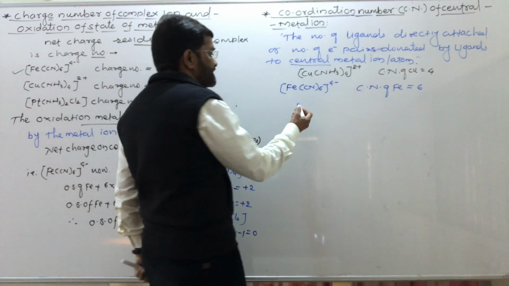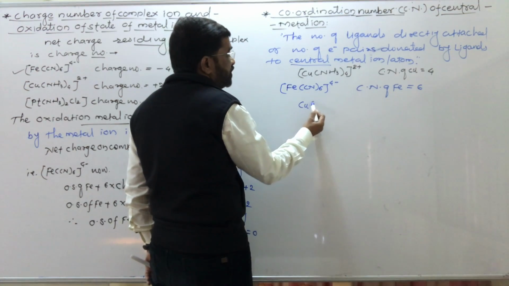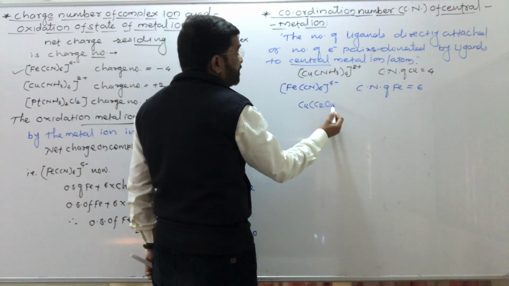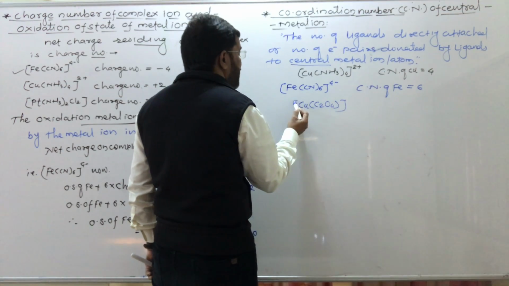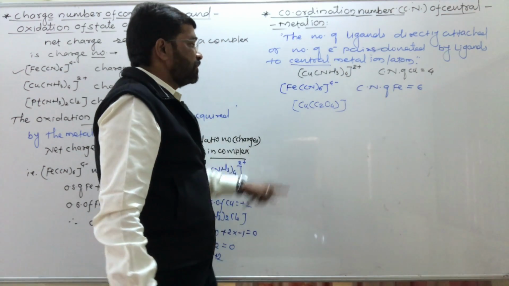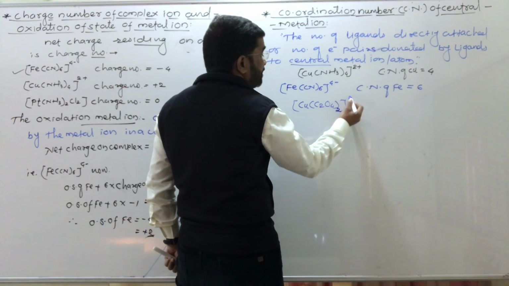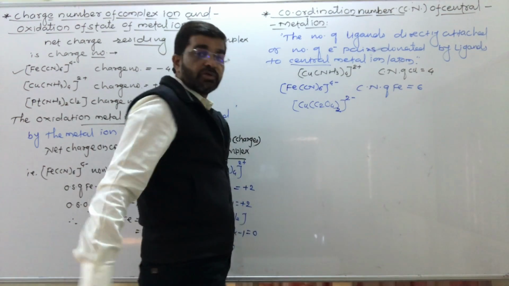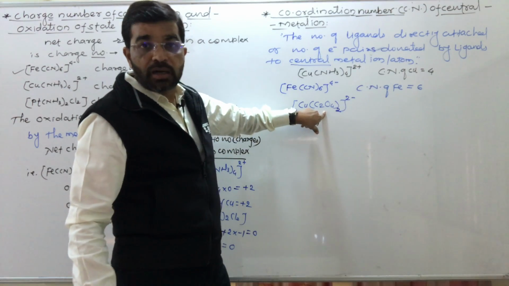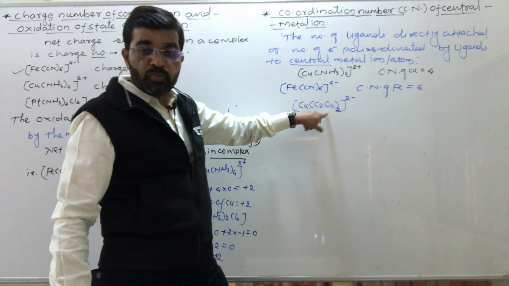Or you take this example, [Cu(C2O4)2] with 2- charge. Here the C2O4 is the oxalato group.